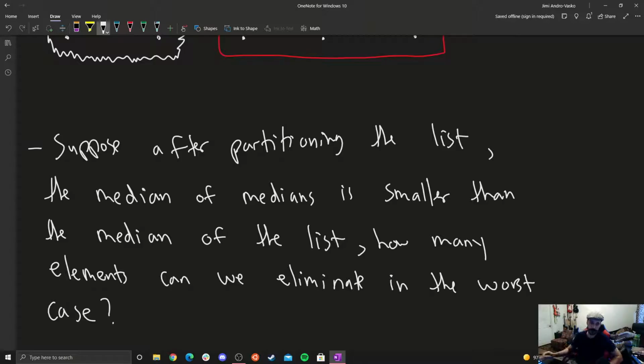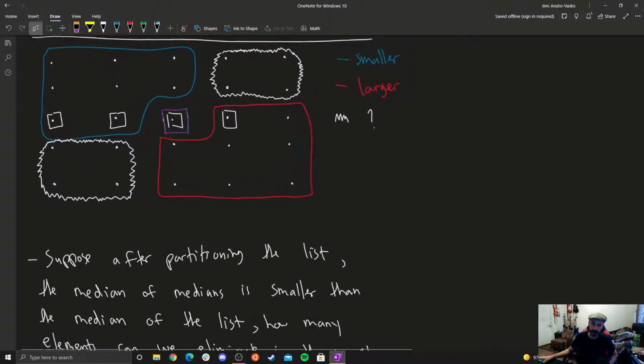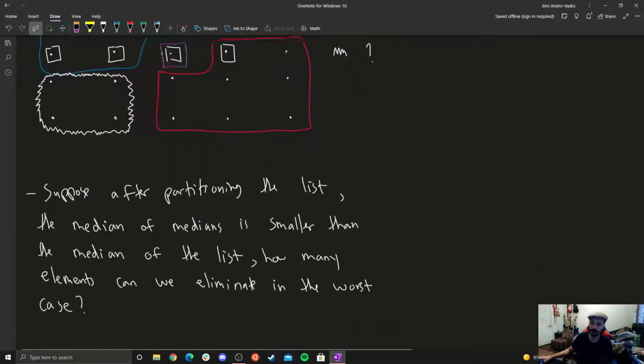So let me zoom out so we can see all of this. Okay, it's good enough. So if, let's say, the median of medians is smaller than the true median, then all we can really do is eliminate the blue. These blue values can be eliminated only.